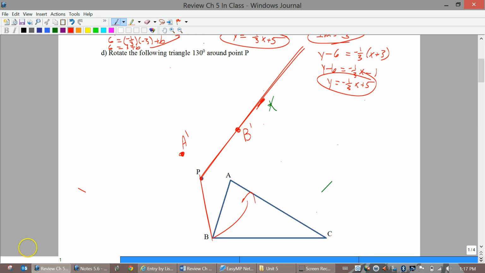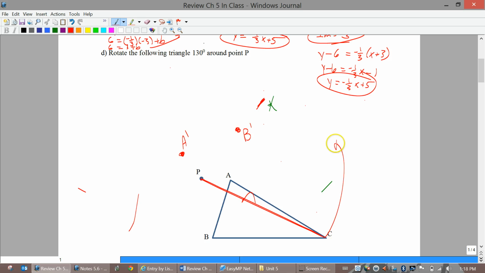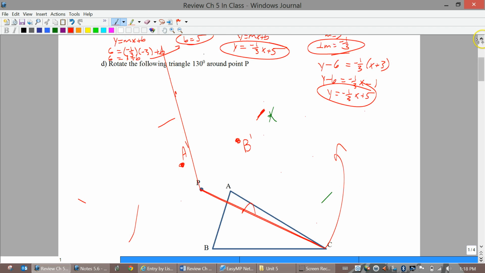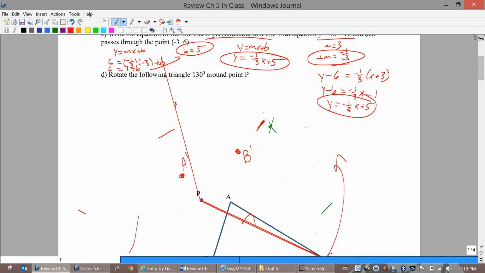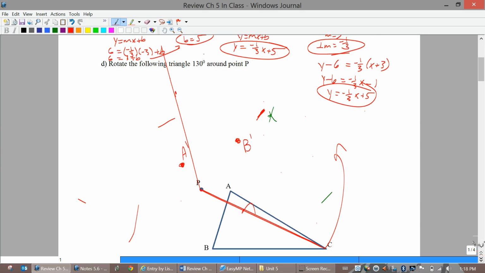We do the same for C. Counterclockwise that way. Protractor goes up again for the arrow. The hole goes right where P goes, 130 degrees. Draw this line, and then measure the distance between P and C. For me, that's 7.2.